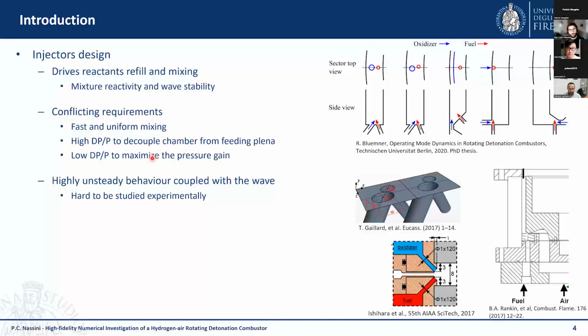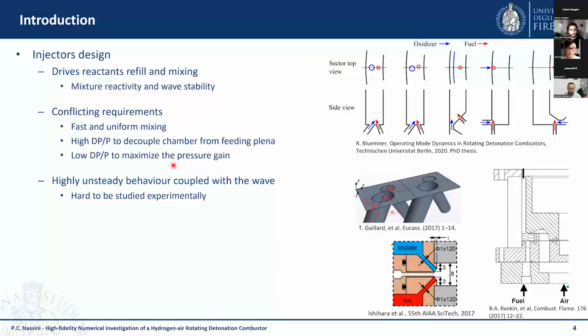On the other hand, if we have a very high total pressure loss across the injectors, we will lose a lot of pressure gain, and this is also one of the most critical parts of achieving a positive pressure gain in these devices, because a lot of pressure is lost across the injector.